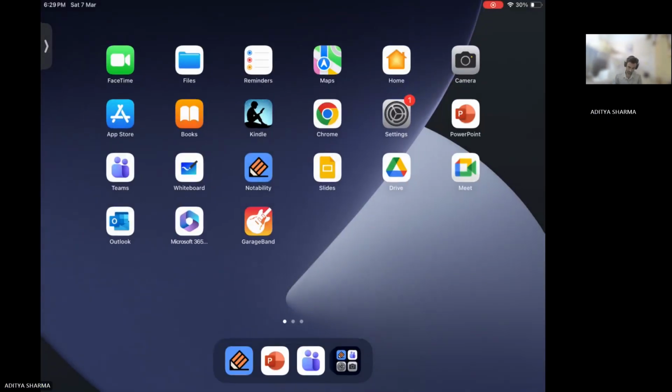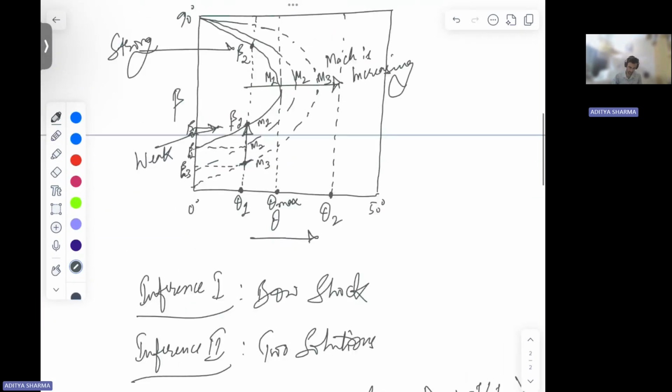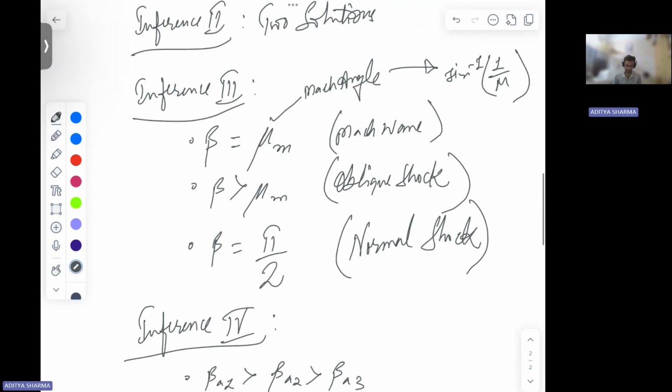So this I have told. In the inferences we saw this. For an oblique shock, your beta, that shock wave angle, is greater than your Mach angle, right?